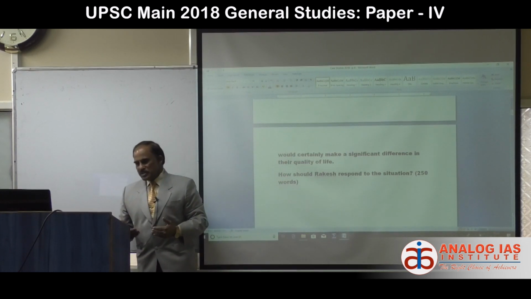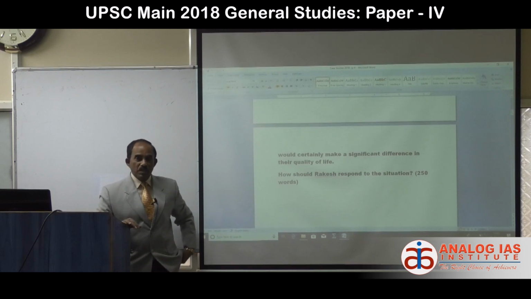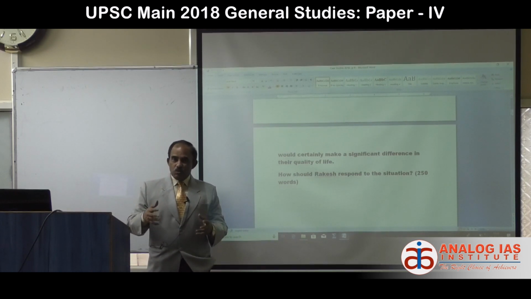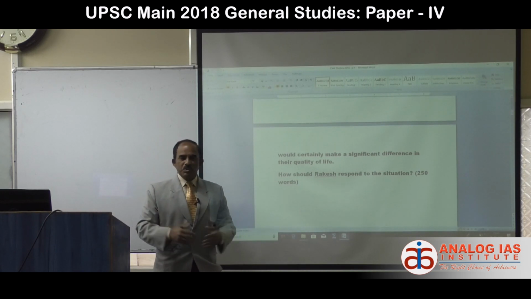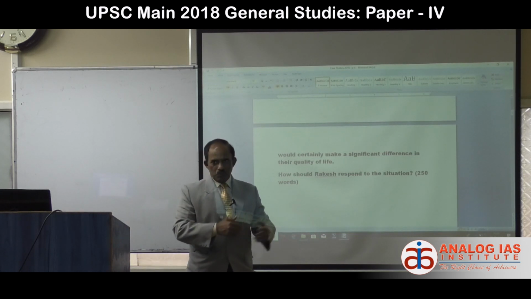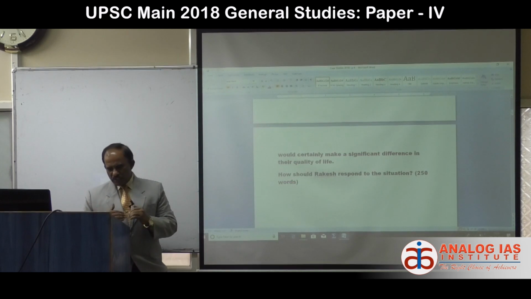First of all, we must say the case study relates to foundational values, especially empathy and compassion. Because ultimately, a government servant should have compassion and empathy towards the people. It's not a robot going by the rule books. So the choices he has to identify now.